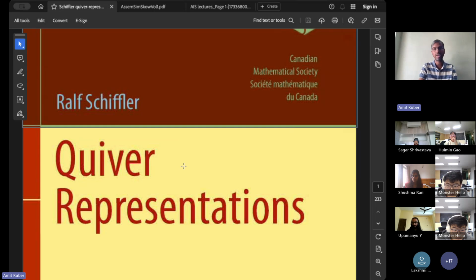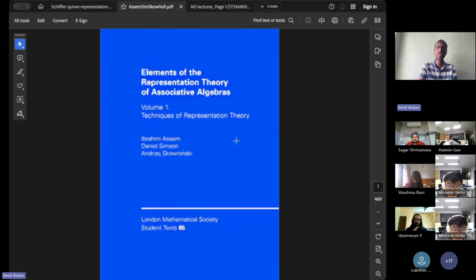The main book I'm going to follow is Ralph Schiffler's Quiver Representations. You can see that on your screen, I hope. That book is what I'm going to follow mainly, but there are certain topics which I want to cover from another book as well: Elements of Representation Theory of Associative Algebras by Assem, Simson, and Skowroński, and only volume 1.